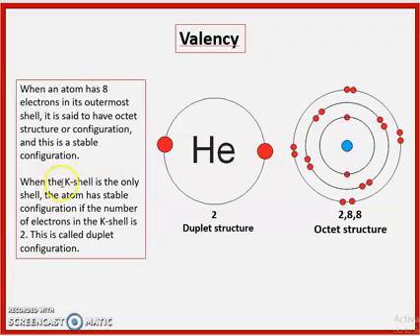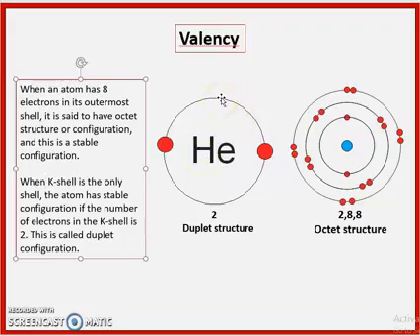Then, when K shell is the only shell an atom has, and that shell has 2 electrons, it is said to have duplex structure, and this structure is also stable. So helium atom has 2 electrons, so it has only one shell.